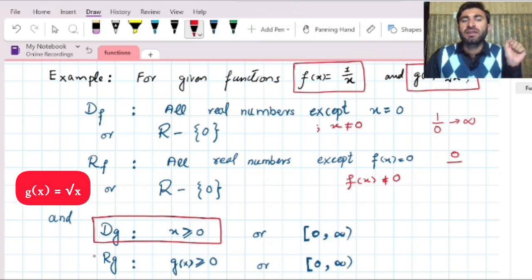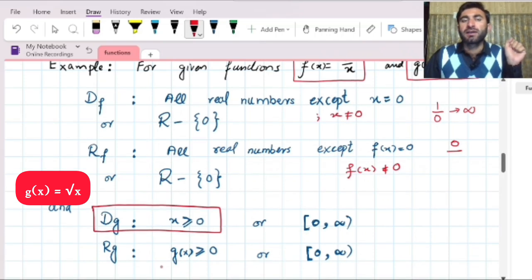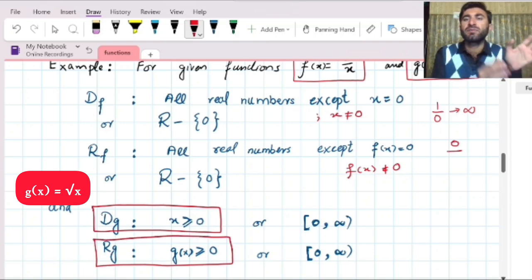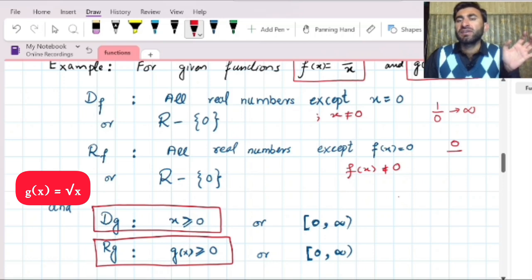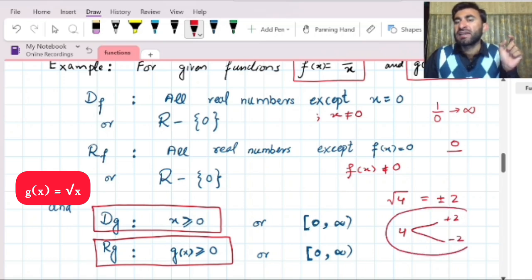While talking about the range of the function, we again stated that the range can be g of x greater than or equal to 0. Range cannot be negative. While earlier we learned that the square root of 4 is equal to plus minus 2, in functions we do not say that, because it means that 4 maps onto two elements, plus 2 and minus 2, which actually violates the definition of a function that one element should not have more than one image.